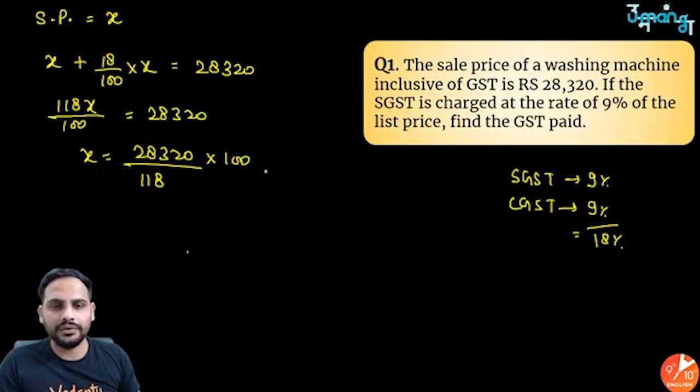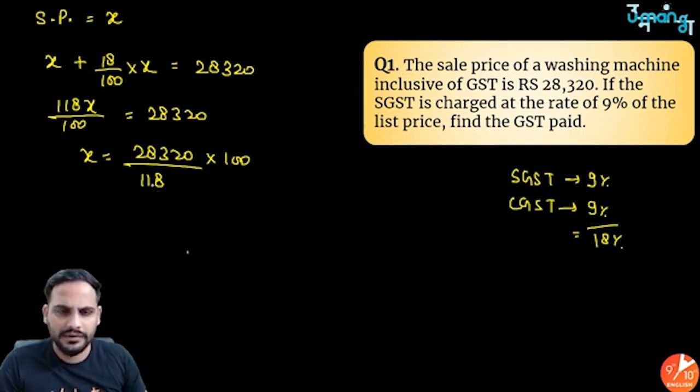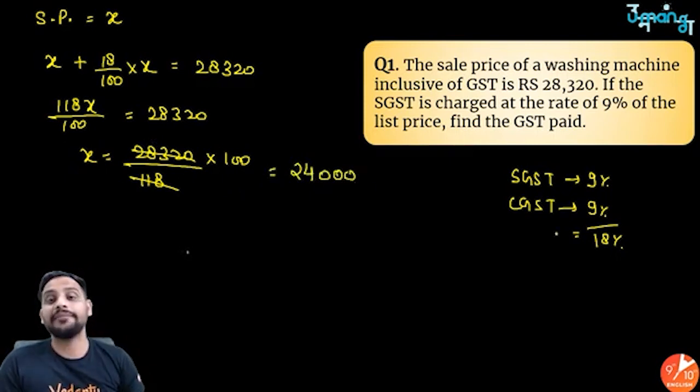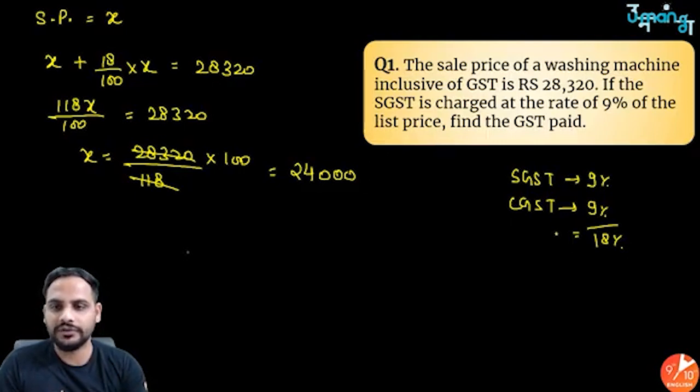Now you will be getting 236. Let's divide here. So 236, 24,000. So the selling price of this washing machine is 24,000. So that is what we have got.